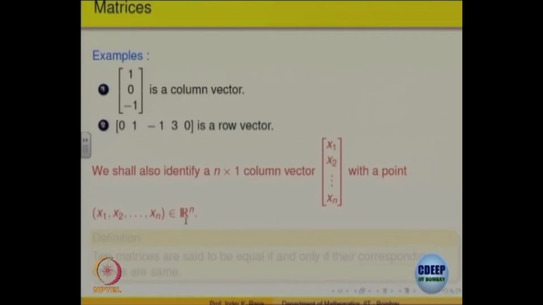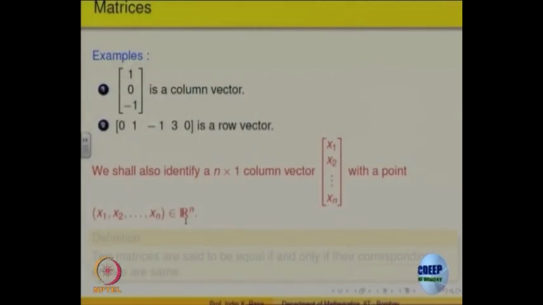So, we have defined a new quantity which involves numbers. What are the possibilities? What kind of operations can we do? This is very common in mathematics. You define a quantity, you collect all such quantities and try to do operations on them. For example, you must have studied real valued functions defined on an interval.